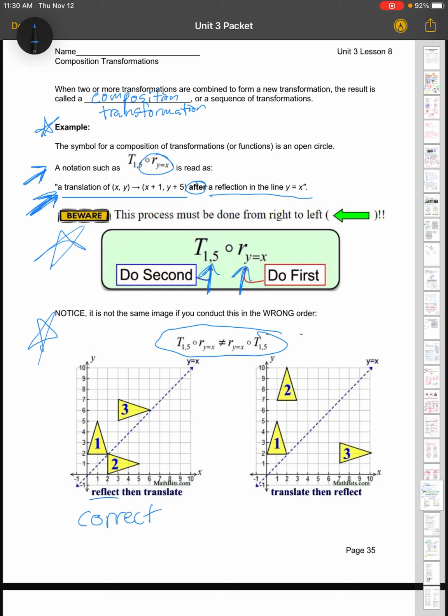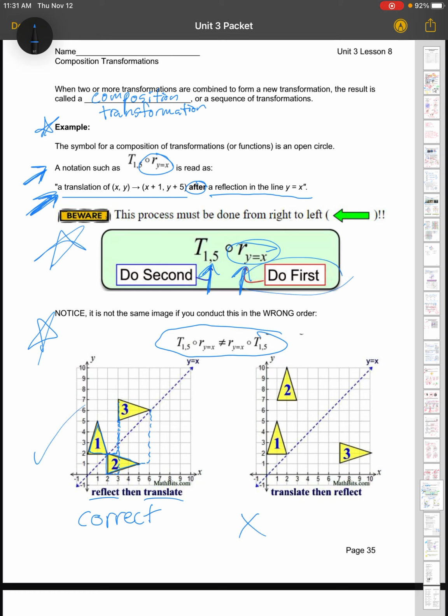We are reflecting, then translating. If we first reflect triangle 1 across the line y equals x, we would get here. And then we would translate up 5 and over 1, over 1 and up 5 for all the points. So this is the correct way.